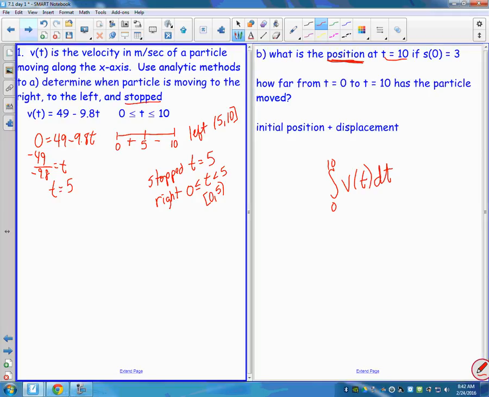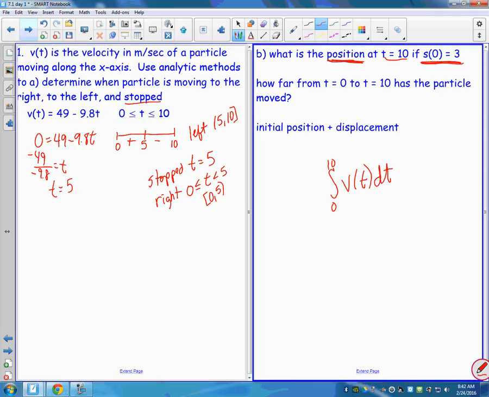This is very much like the pizza problem: if you do this, it's going to tell you how much it changed from 0 to 10. But you have to take into consideration where it started, right? Like on the pizza, it started at 350 degrees, so you have to take that into consideration. So we're going to add plus, the book calls that the displacement, I call it the initial value, where it started.